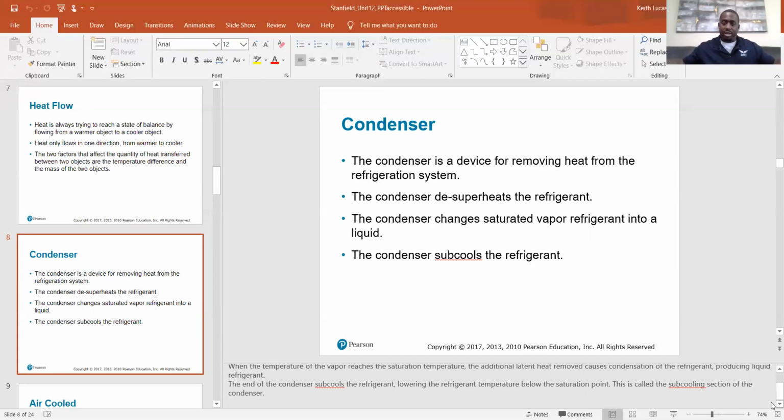So if the outside air is colder than that hot vapor inside the condenser, when that outside air comes across that coil, the heat transfer is going to take place. So the cooler air coming into the coil is getting sucked in by the fan on top and blown straight out the top. So it's coming in cool, heat transfer takes place, it's absorbing the heat from that refrigerant and blowing it right out the top.